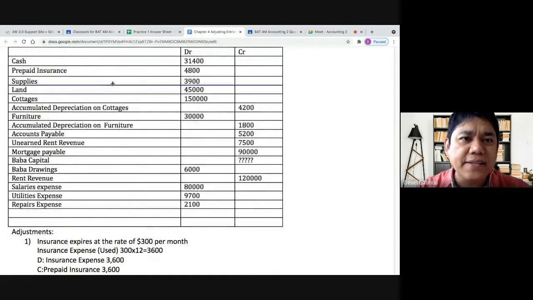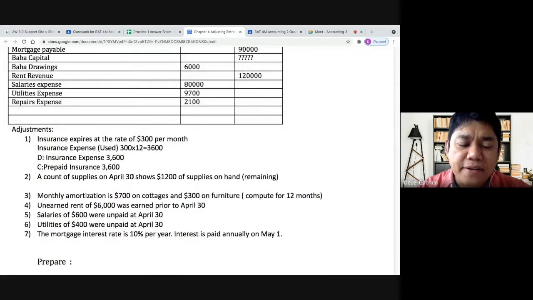Supplies here is 3,900, right? 3,900, that's the original. But then at the end of the year, it shows that there are 1,200 supplies on hand or remaining. Have we used some of them? Yes or no?